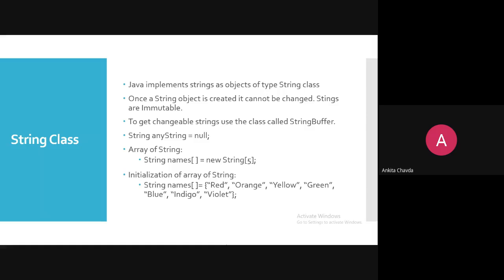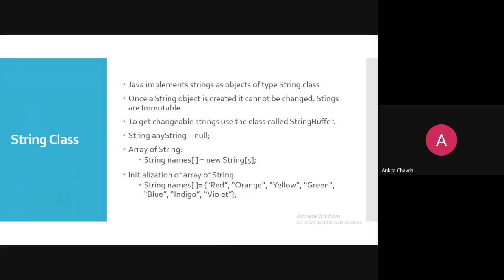There is no difference even in the built-in methods between StringBuffer and StringBuilder. So actually we have three different classes: String, StringBuffer, and StringBuilder. But right now we will not worry about StringBuilder. First is the String class.